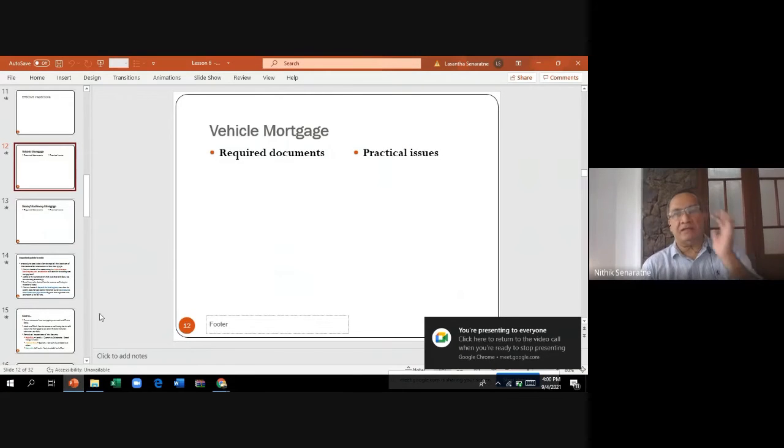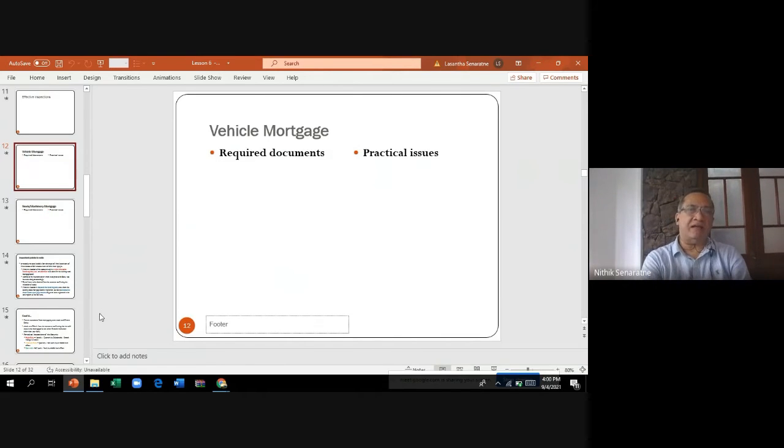Right. Okay. Now, vehicle mortgages. When you want to mortgage your vehicle, there are certain documents that you have to obtain. I will tell you the documents. Just jot down those points. Required documents.